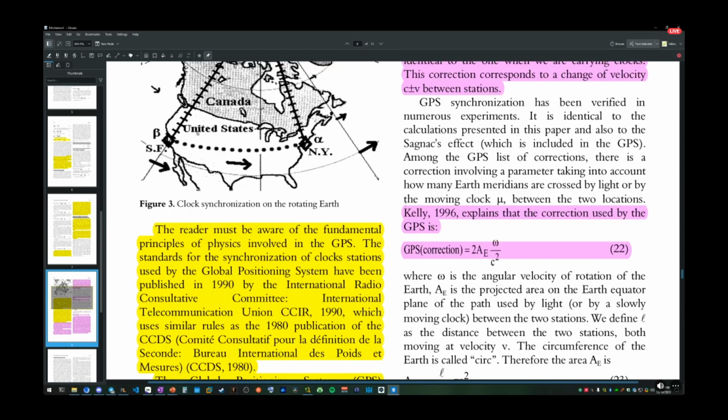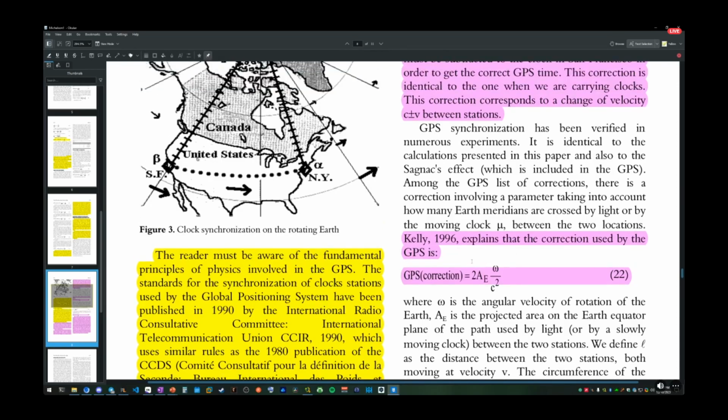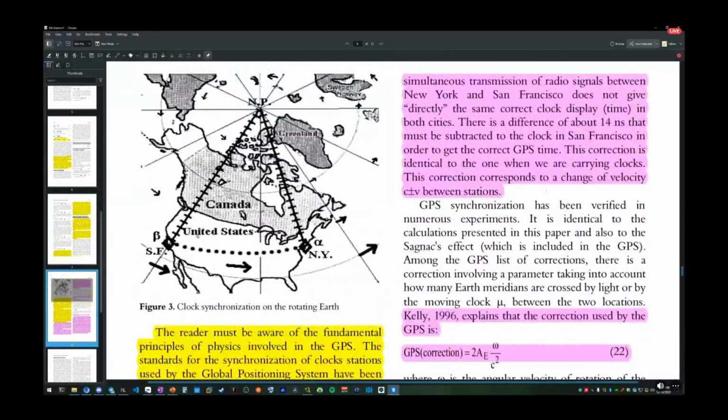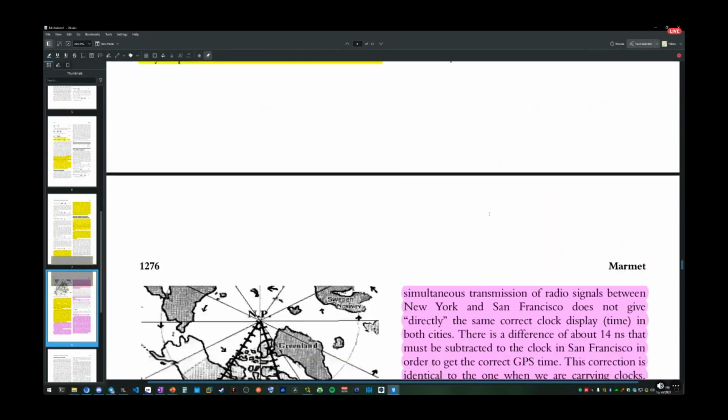So they use a different method of synchronizing it. And what Kelly and Marmot pointed out here is that the equations they use are dressed up relativistic equations, but he breaks it down, and when you go back to this equation, he references it and says it's similar to another equation.